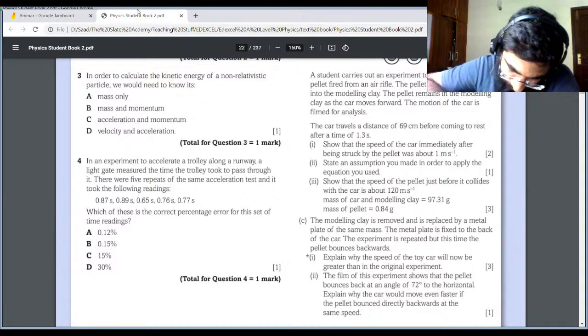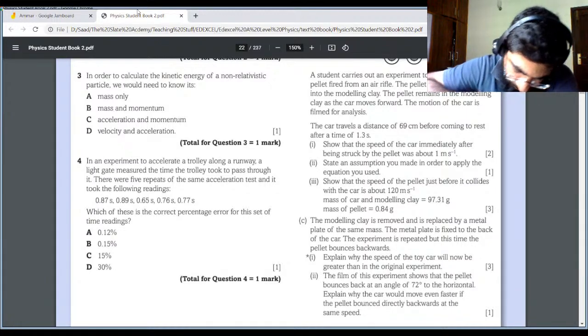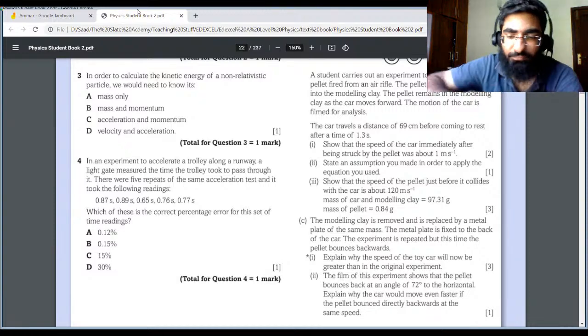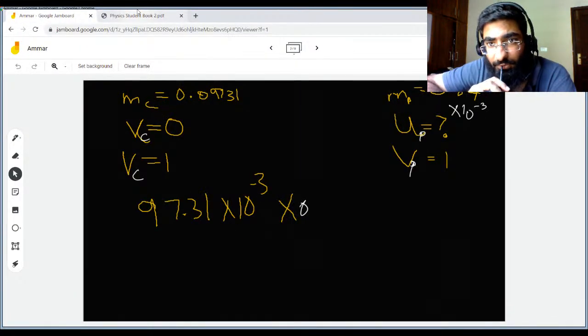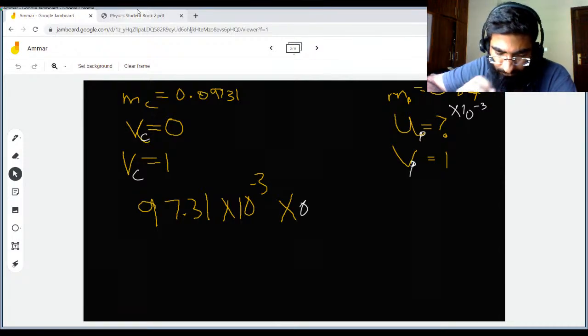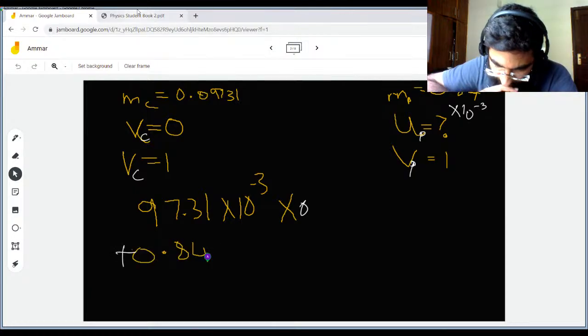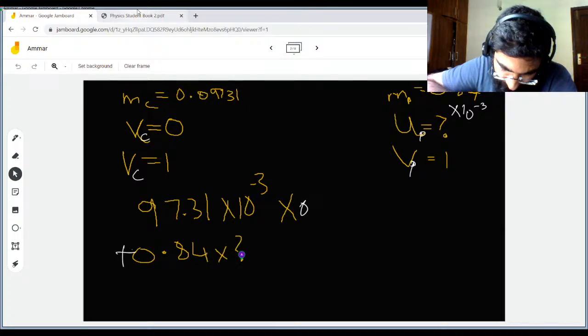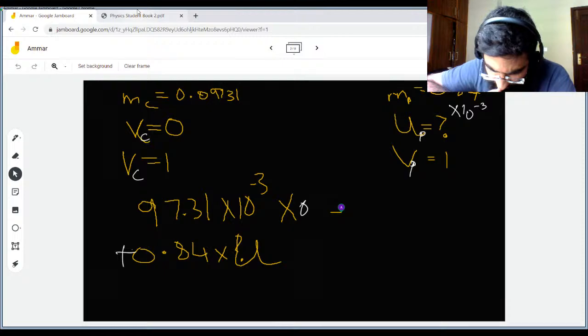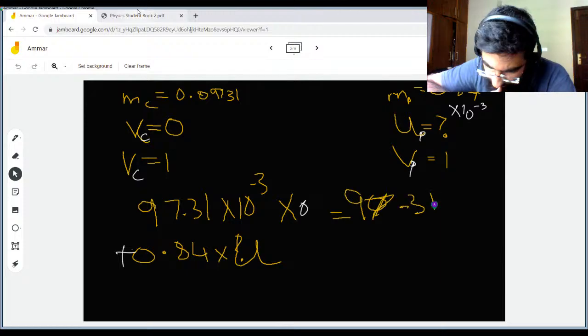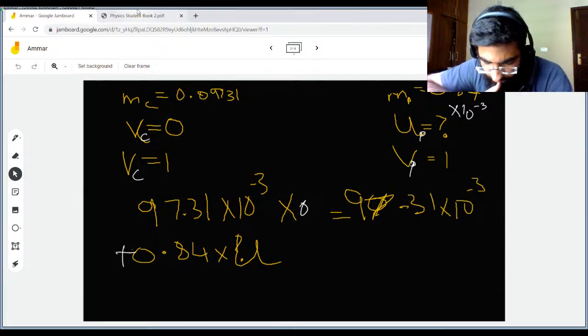Then 0.84 multiplied by x, let's call it x, the initial speed of the pellet, is equal to the final momentum: 97.31 into 10 to the power minus 3 plus 0.84 into 10 to the power minus 3, into 1.